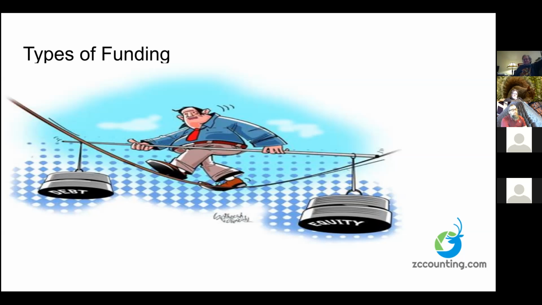And then you should only sell parts of your company to accredited investors, meaning really rich people that make over 200 grand a year as an individual, 300 as a couple, or have over $1 million in assets that are not their primary residence. And the reason you'd want to take accredited investors' money is because they can afford to lose it according to the SEC.